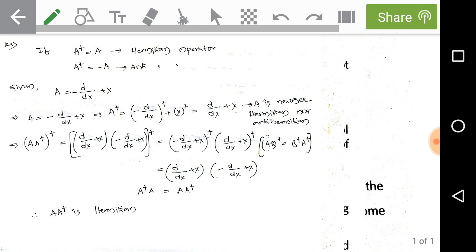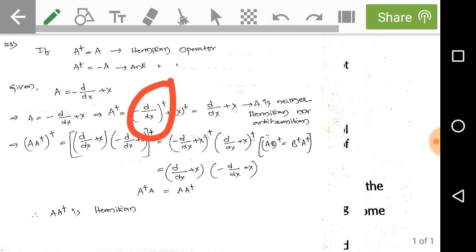Now if the adjoint of A equals A, that is simply a Hermitian operator, and if the adjoint of A is equal to minus A, that is an anti-Hermitian operator. We have been given that A is equal to minus d by dx plus x. Just take the adjoint of A: adjoint of minus d by dx plus adjoint of x.